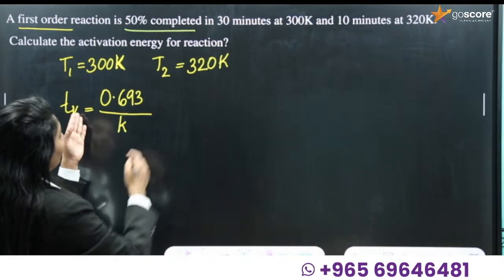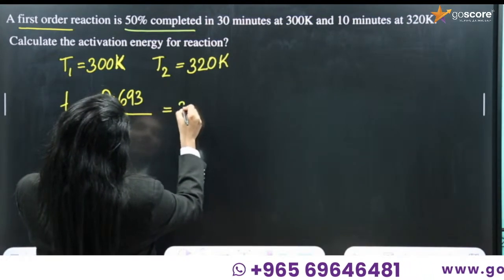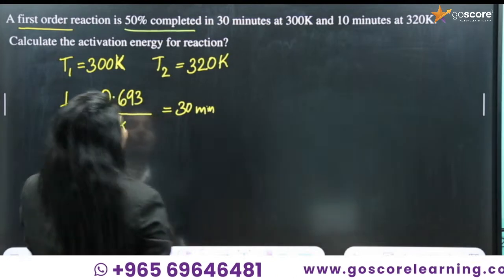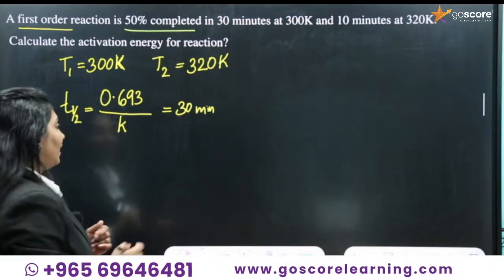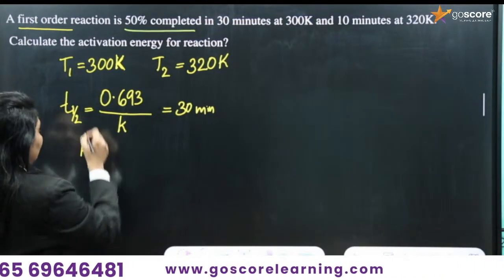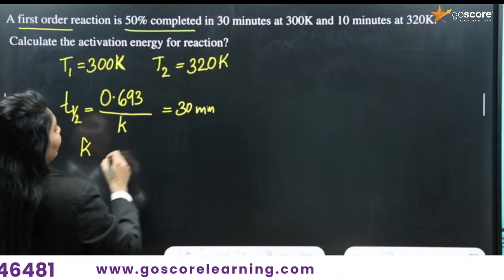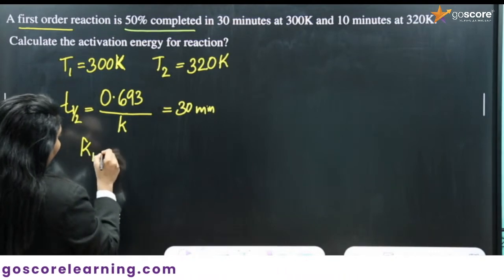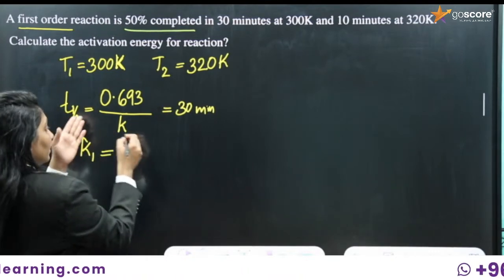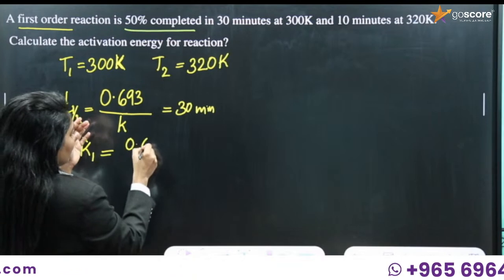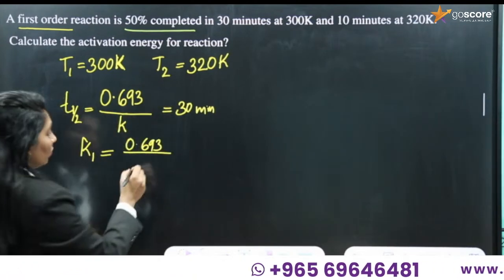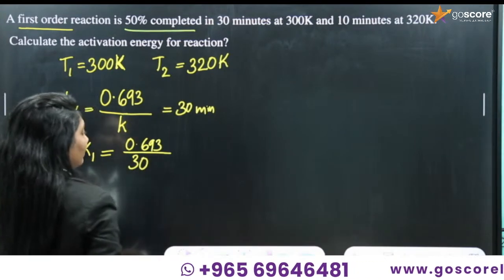T half is given in the question as 30 minutes, so we can easily find K1. This is T1 for temperature, 30 minutes, so K1 is equal to 0.693 divided by 30, right?